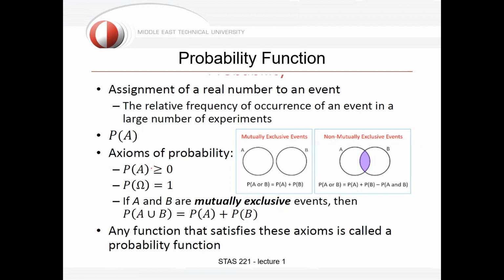And I personally prefer to even include that inside these axioms. But anyway, here also mentioned that the probability of omega, which is the sample space, is equal to 1. The probability, of course, of universal set, which covers everything, is equal to 1. And from here, we understand that P(A) should be a value between 0 and 1.